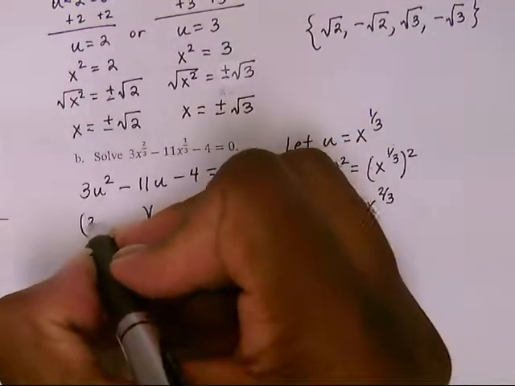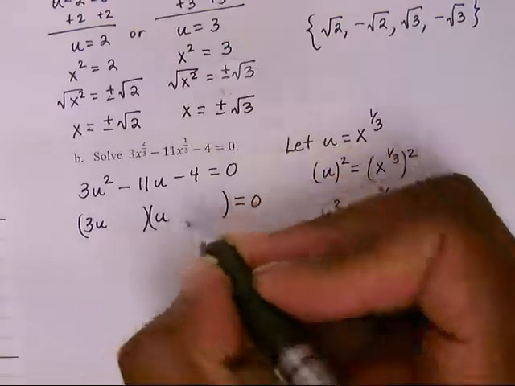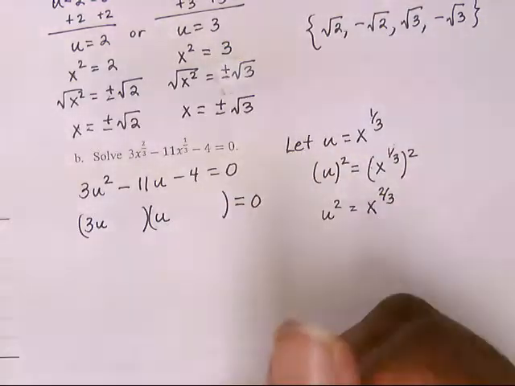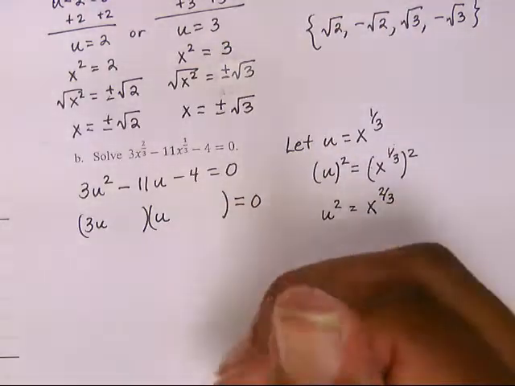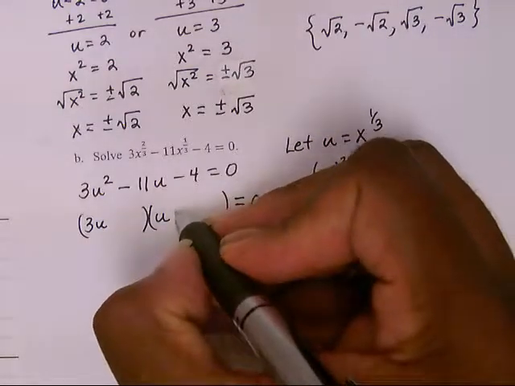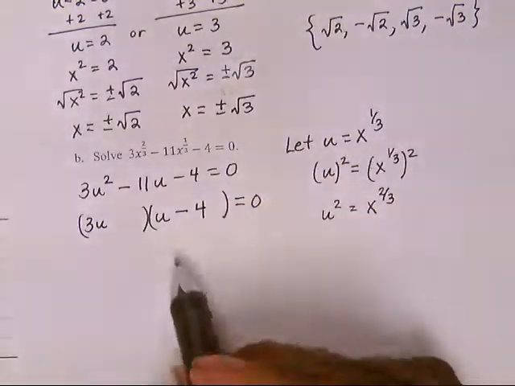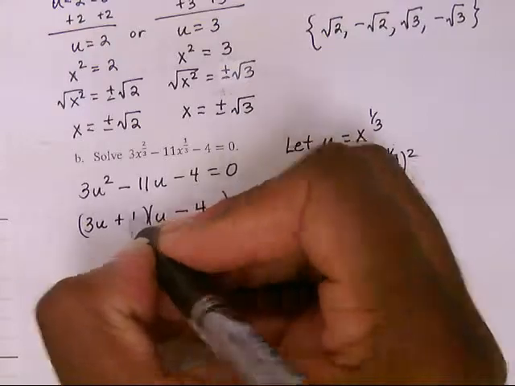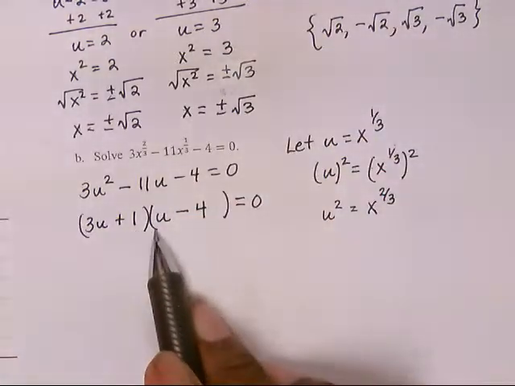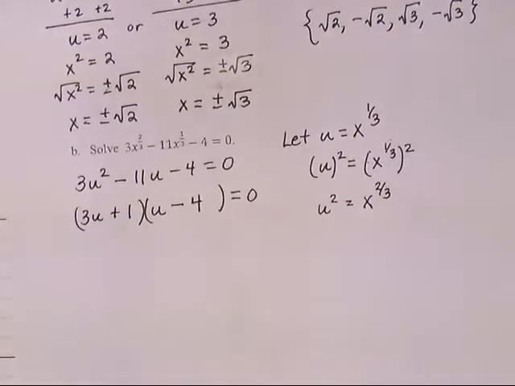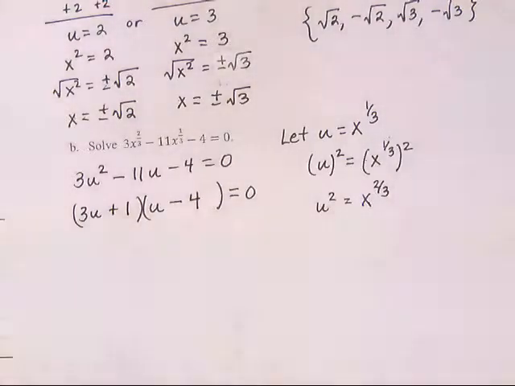Let's see, 3u can only be broken up as 3u times u. Let's see, the factors of 4, negative 4, that would give me negative 11u. Let's see, if I put the negative 4 here, and the plus 1 here, negative 12u plus a 1u will give me negative 11u. So I got 3u plus 1 times u minus 4, equal to 0.